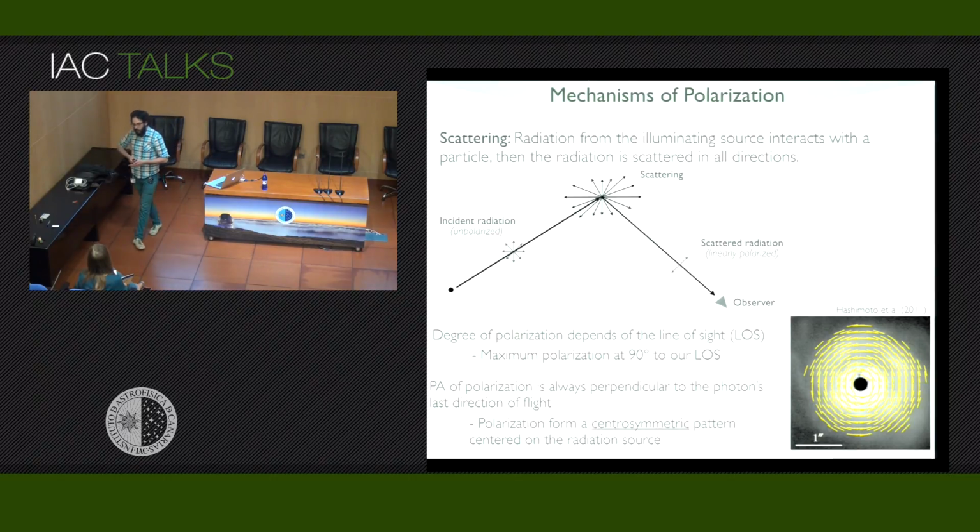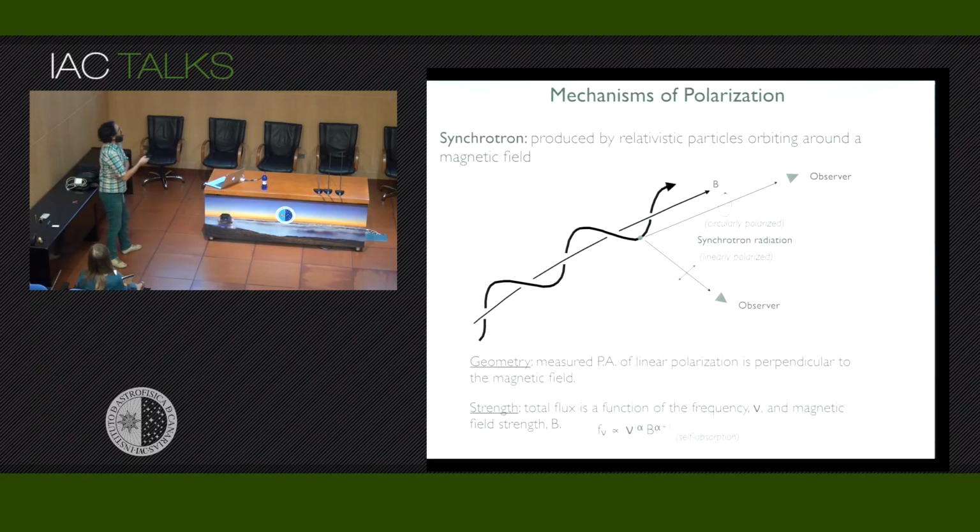Another mechanism of polarization is synchrotron, which is produced by a relativistic particle orbiting around some magnetic field. We have here the magnetic field line and the particle orbiting around. If we are observing along the line of sight of the magnetic field, the polarization will be circular.